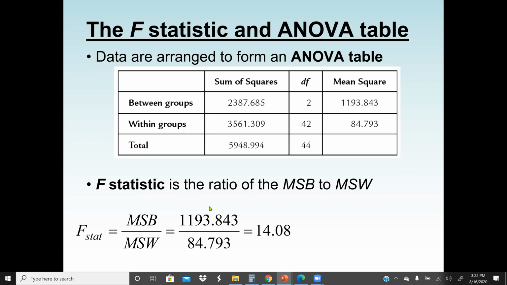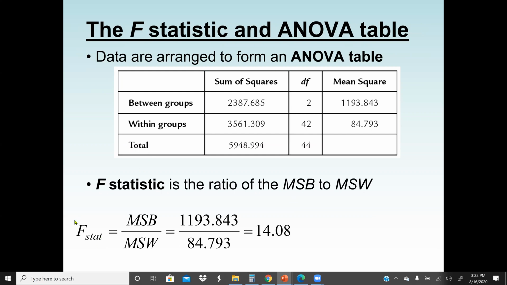Now we have to look at our table. Here we are using the F statistic and also the ANOVA table. In this, the table data are arranged to form an ANOVA table. We have the between groups sum of squares, degree of freedom, and the mean square, then within groups, we have 84.793. The F statistic is the ratio of the MSB to MSW.